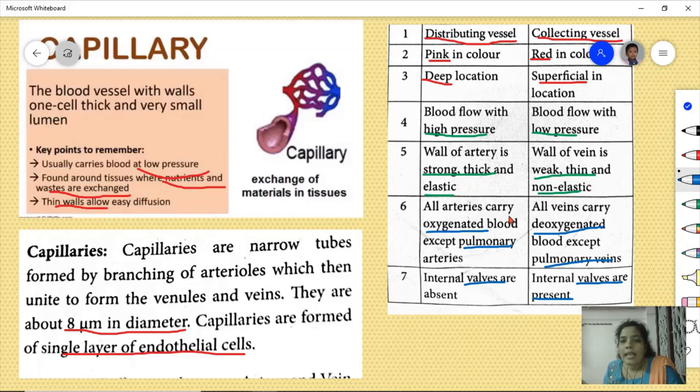All arteries carry oxygenated blood except the pulmonary artery, which carries deoxygenated blood. All veins carry deoxygenated blood, but the pulmonary veins carry oxygenated blood. Internal valves are absent, internal valves are present. Understood everyone? So from this topic we have learned how to learn the 4-mark questions thoroughly.